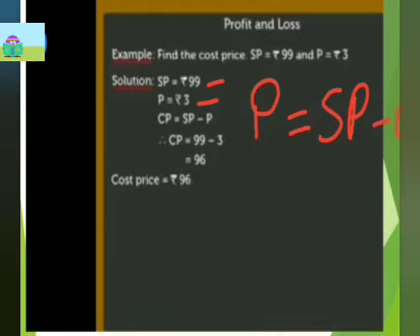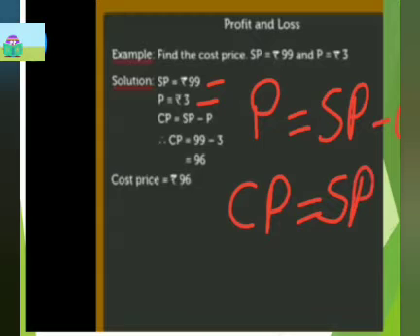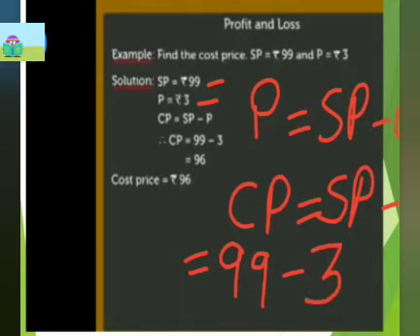We modify the formula here: CP will come to this side, and you do selling price minus profit. Now you know the selling price is 99 and the profit is given as 3 here. Solve it, you will get 96 here.